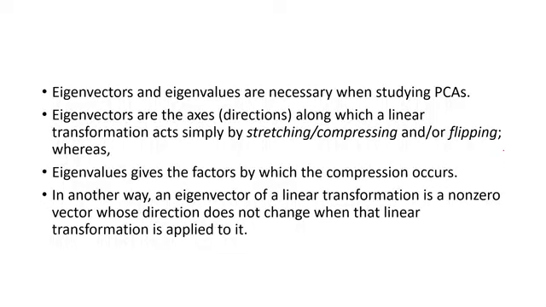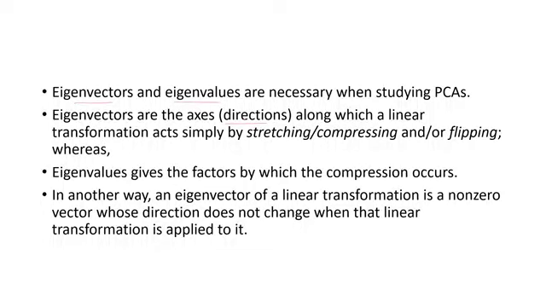Now, as I mentioned, there are two important components on which this algorithm depends: the eigenvector and the eigenvalue. Let's understand at a high level what these two things are. In a technical manner, you can think of the eigenvector as a direction, or the axis along which the transformation or projection of the data is happening.